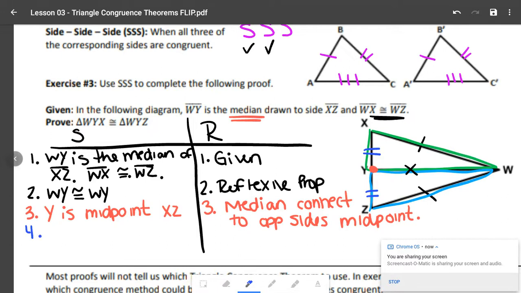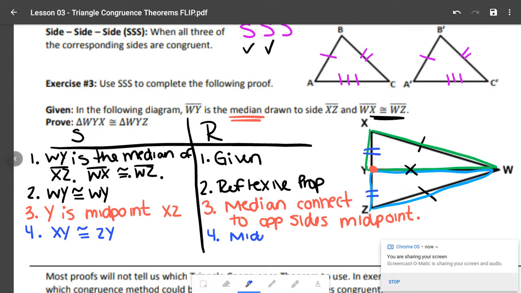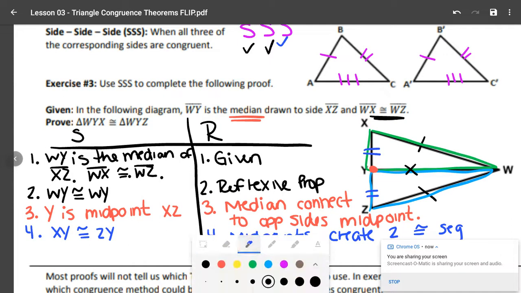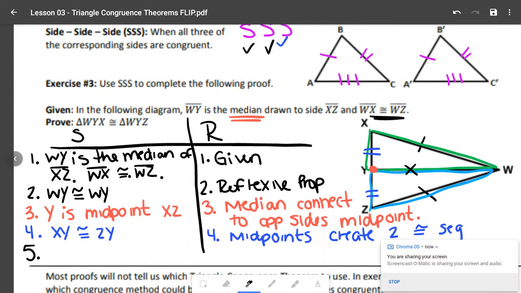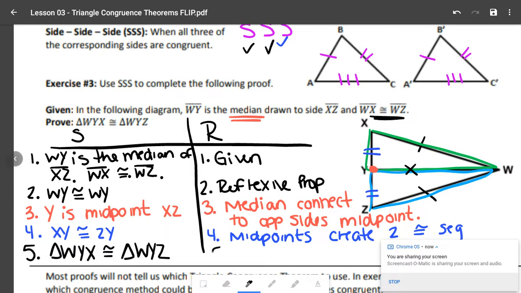So we can say XY is congruent to ZY as midpoints create 2 congruent segments. And once we have that third check, once we have everything intact, we know to wrap it up. So we always end with what we're trying to prove, that triangle WYX is congruent to triangle WYZ by side, side, side.